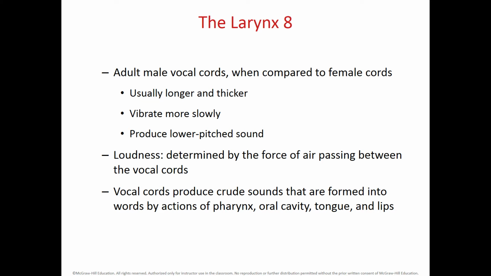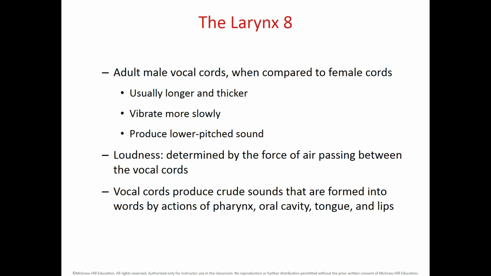There is a difference between the male and the female vocal cords. In males, the vocal cords are usually longer and thicker, and they vibrate more slowly. So that's why they produce a lower pitch sound in comparison to the female voice. And then the loudness of our voice is determined by the force of air that passes between the vocal cords.